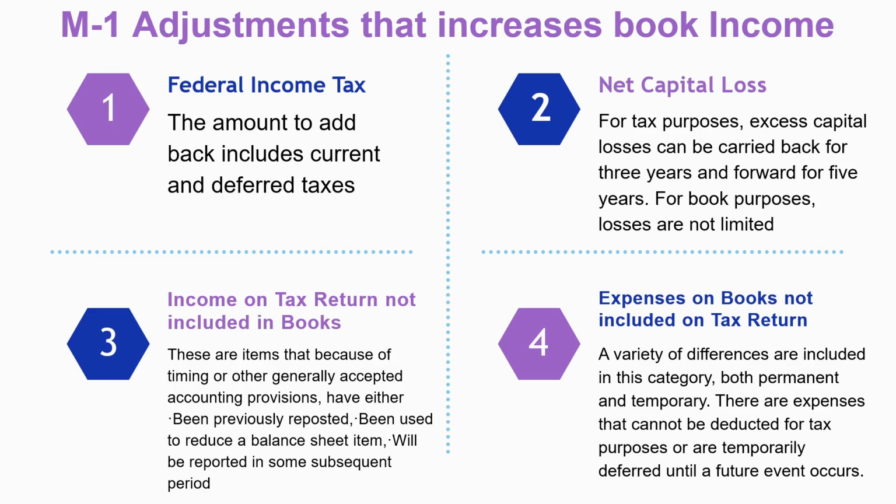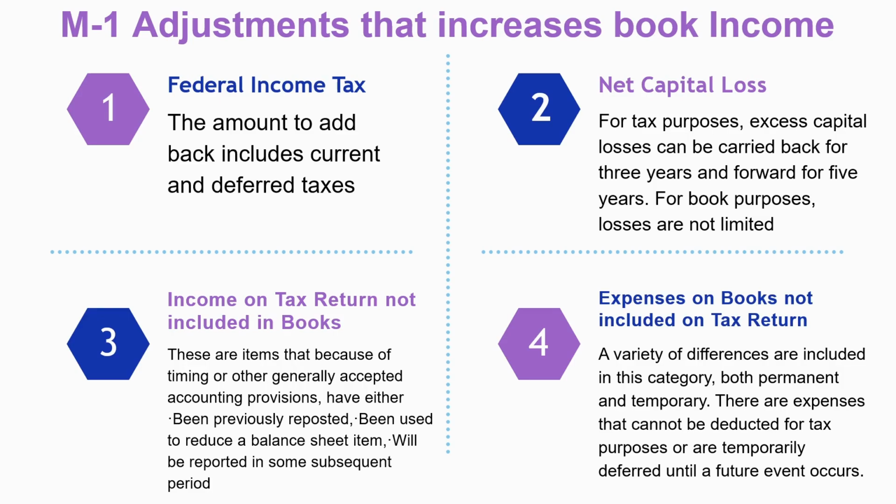The fourth element is expenses on books not included in tax return. A variety of differences are included in this category, both permanent and temporary. There are expenses that cannot be deducted for tax purposes or are temporarily deferred until a future event occurs. These expenses reduce book income but do not affect taxable income.